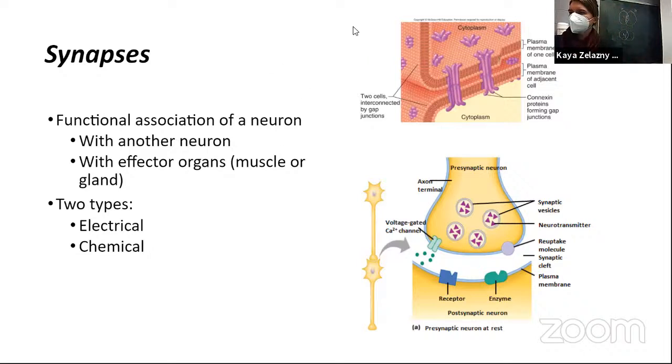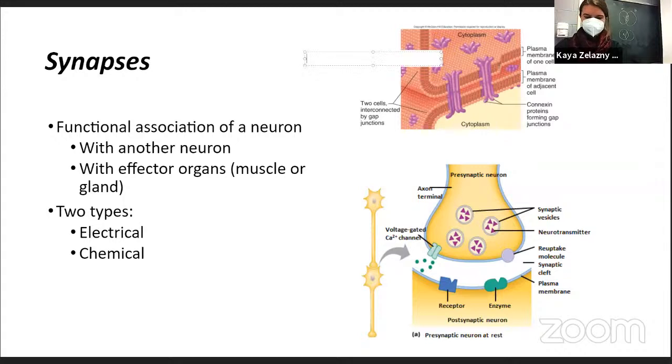So I'll label these first as we're going. This top one is the picture of an electrical synapse. Terrible color. Electrical synapse. And the second one is our picture of our chemical synapse.